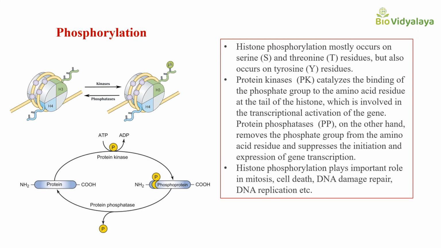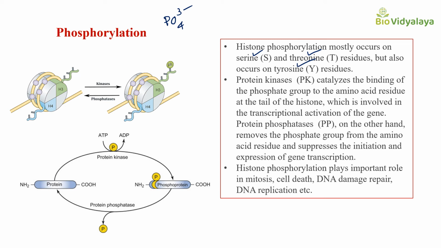Next is phosphorylation. Phosphorylation means it is the addition of phosphate group. Phosphorylation takes place on all histone proteins with a different effect on each. Histone phosphorylation mostly occurs on serine and threonine residues but also occurs on tyrosine residues. Okay, this is very important.